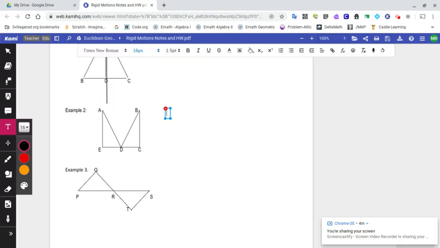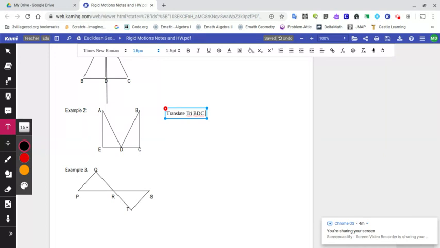Imagine I can translate triangle BDC, and this is what I mean by being very specific. I have to be specific as far as how far and in what direction.